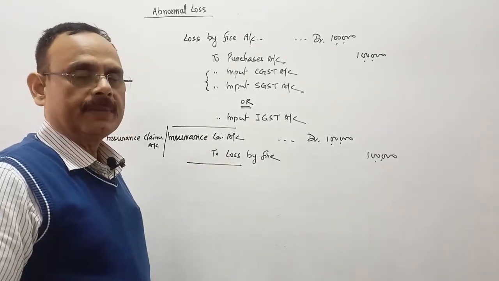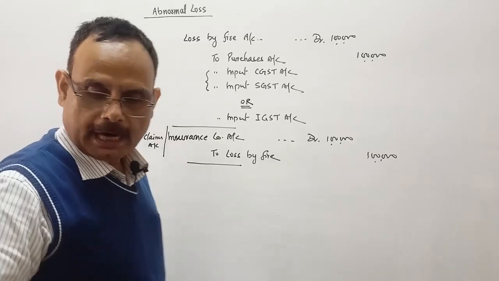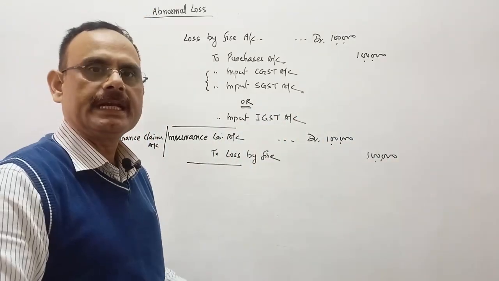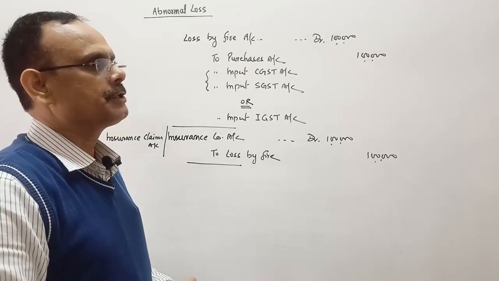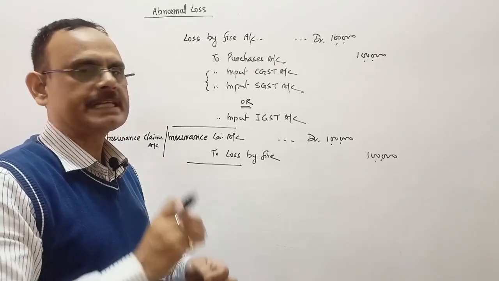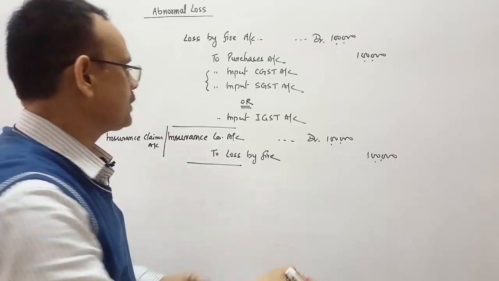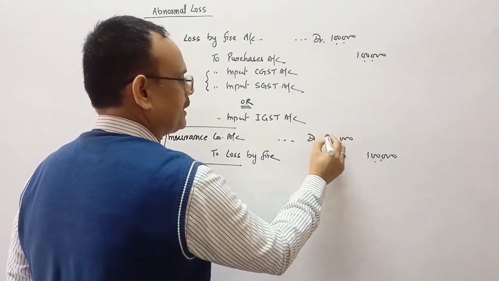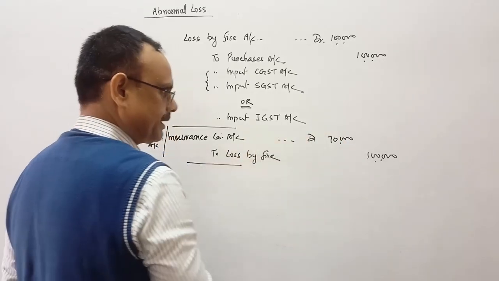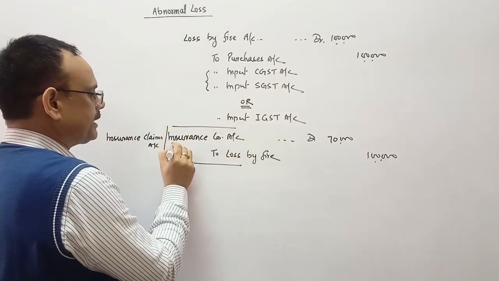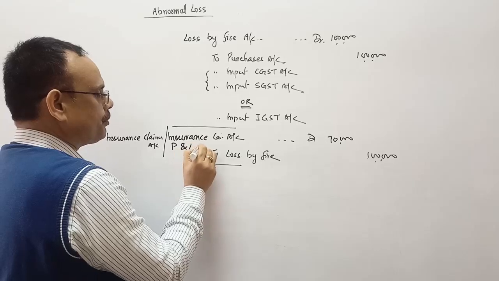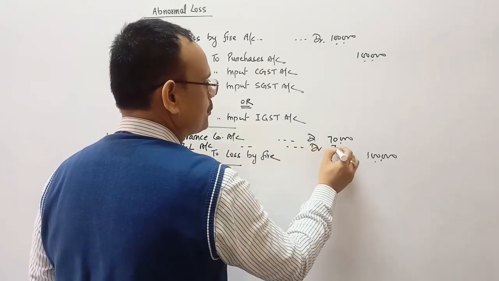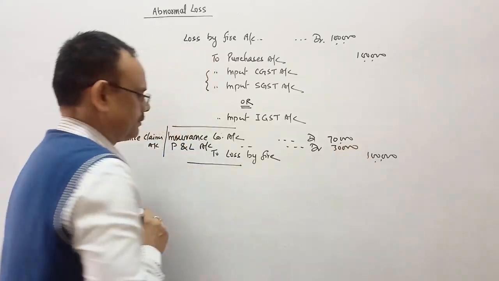Sometimes it may happen that after the loss, when we claim to the insurance company, the insurance company may accept only some part of it. Suppose insurance company only accepts 70%, the rest is not accepted, then the rest amount will be transferred to profit and loss account.